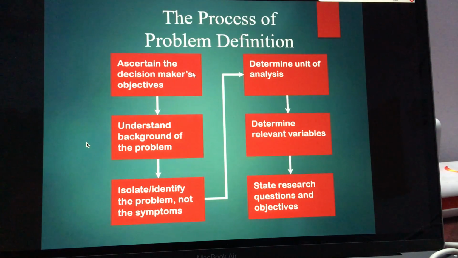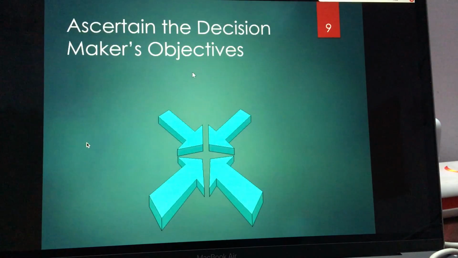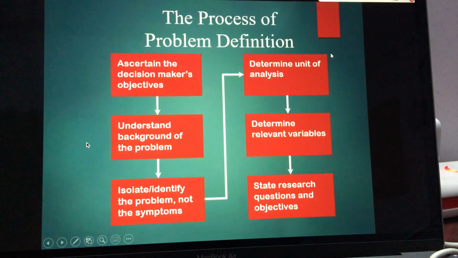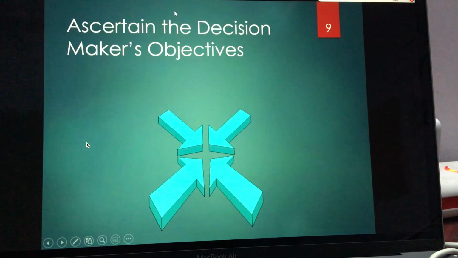Now I'll show you the slides of all these steps. What we are going to look at is this process of problem definition. The first step is to ascertain the decision maker's objective. As an advertising manager, what am I trying to do?